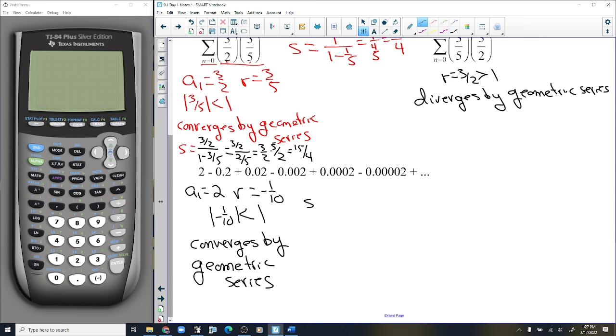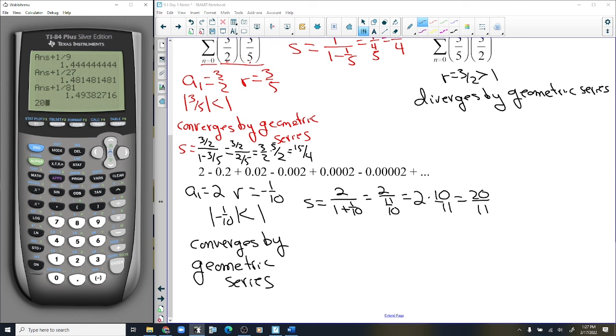The sum is a sub 1, which is 2, over 1 plus 1/10. Because it's really 1 minus negative 1/10. It's always minus. So 2 over 11/10, which if I multiply by the reciprocal, we get 20 over 11.